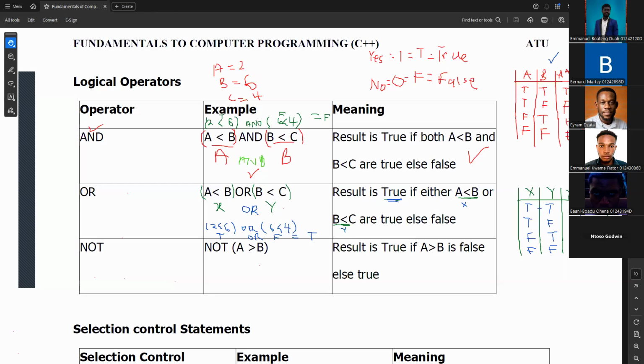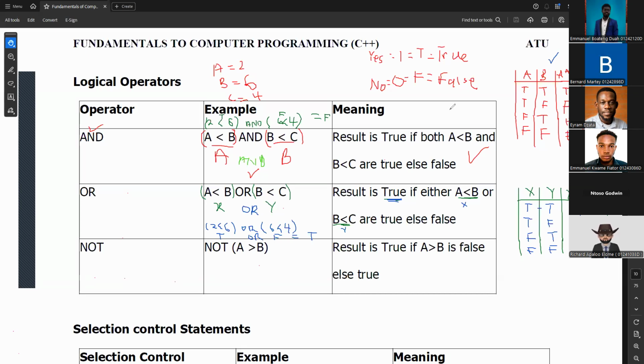Okay. All right. Emmanuel Boateng, you have a question? And Bernard Mate, you have a question? Yeah, Emmanuel, let's go. So what you've taught us now, does it mean that with the first operator, the AND operator, if we have one of the statements false, it makes all the statements false, unless they are all true?